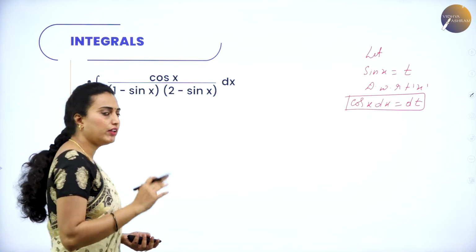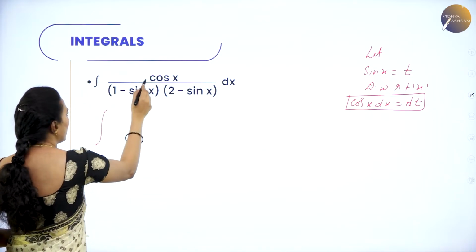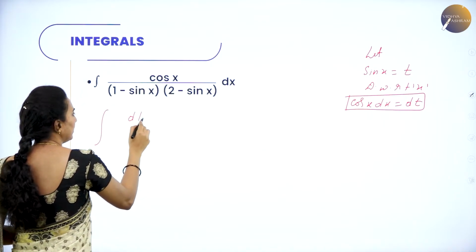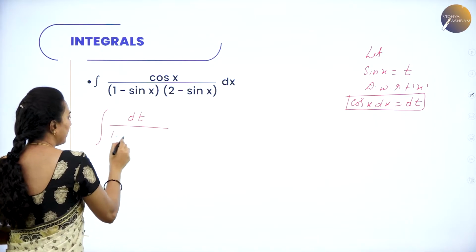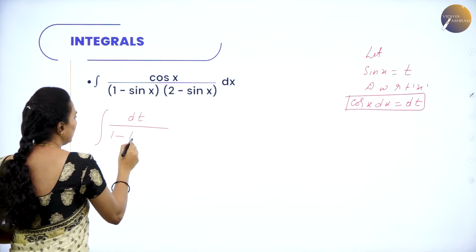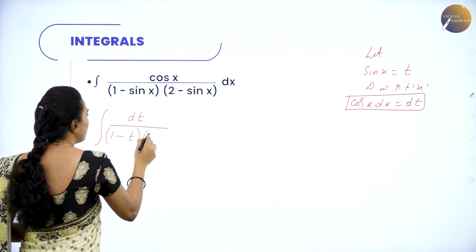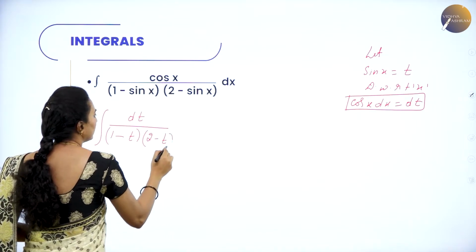So the given integral becomes integral of cos x into dx, which is nothing but dt, divided by 1 minus sin x, which is t, into 2 minus t, right?